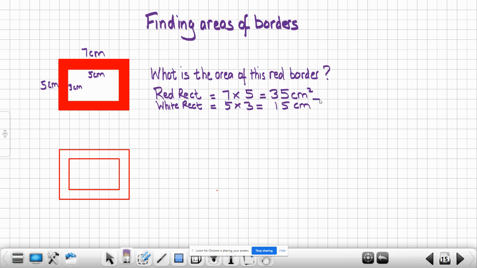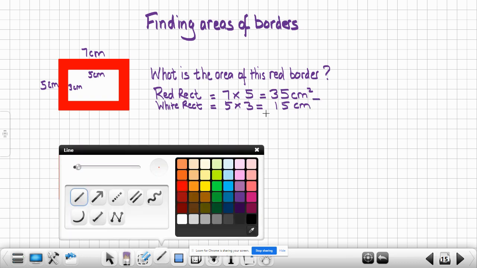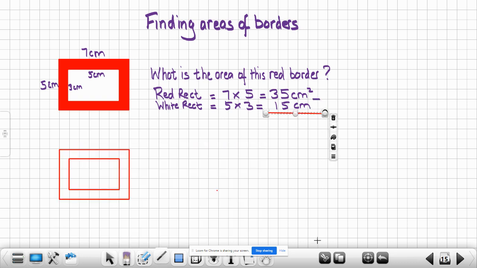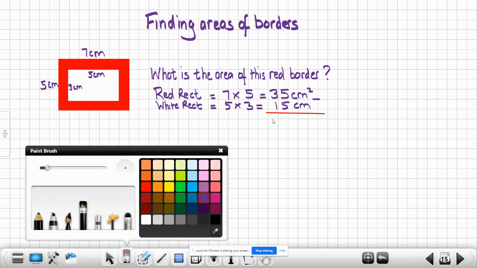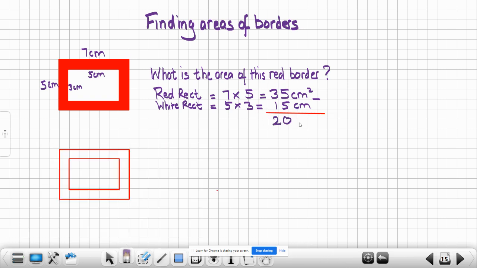So we can just take that away. So we're going to take that away and we are left with an area, oops, left my 2 off there, of 20 square centimetres. And that's how easy it is.